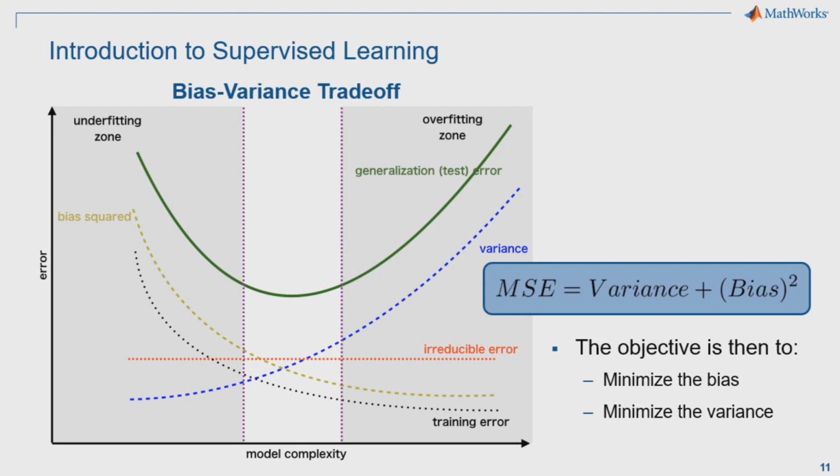Instead, in the right part of the graph, that is the overfitting zone, in those specific cases you are able to reduce the bias effectively, but there is too much variance, meaning that you are learning also noise and high variabilities in the data.